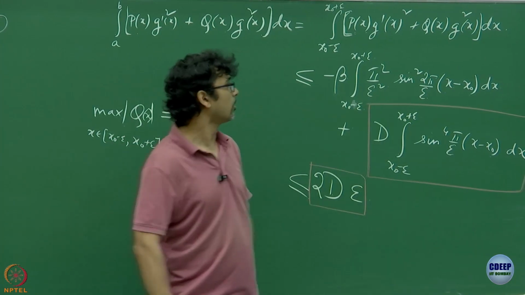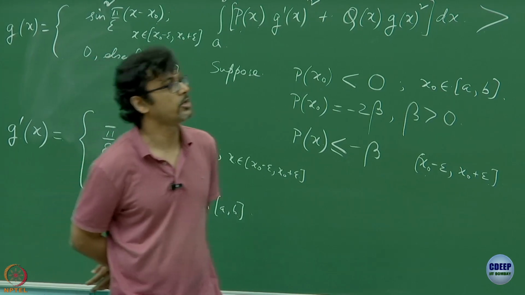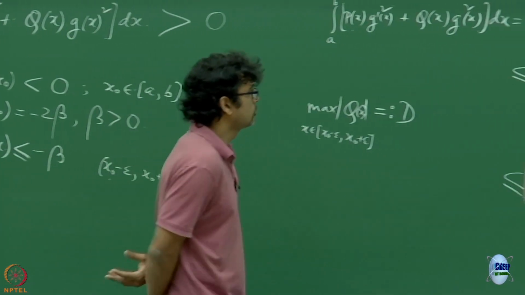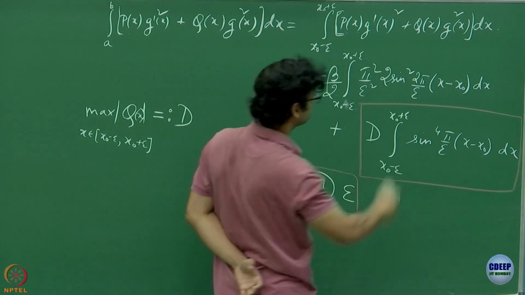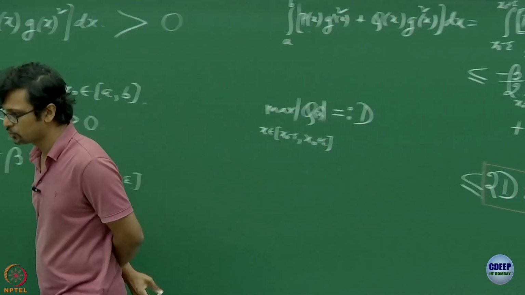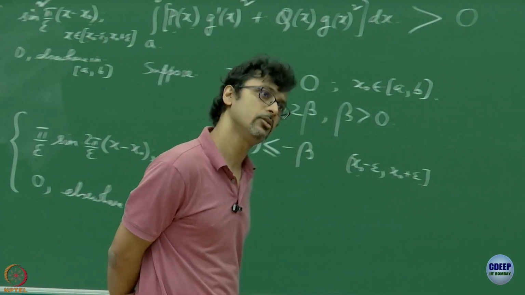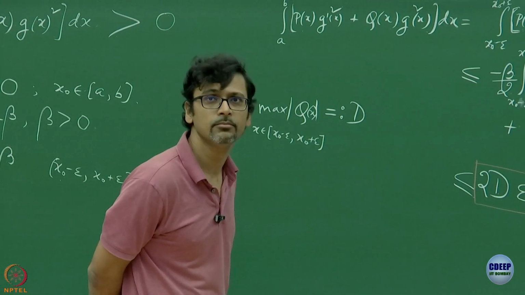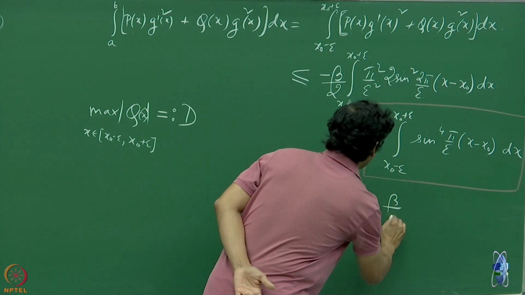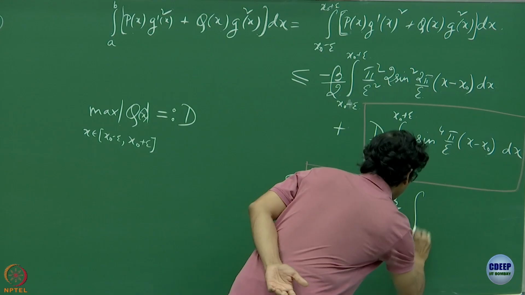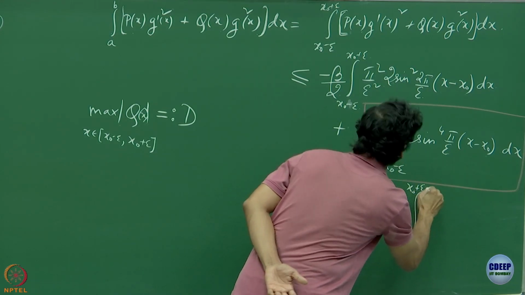What about this term now? Here we can actually do a little better, because it's just sine squared, so why not beta by 2 and 2 sine squared. So quickly tell me, what's 2 sine squared theta? What does it remind you of? 1 minus 2 sine squared theta is equal to cos 2 theta, so 1 minus cos 2 theta. So this is minus beta by 2 integration from x naught minus epsilon to x naught plus epsilon.